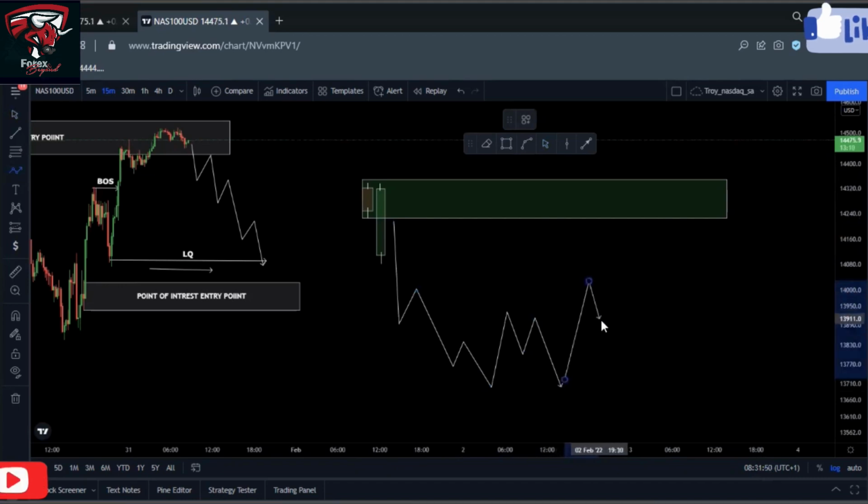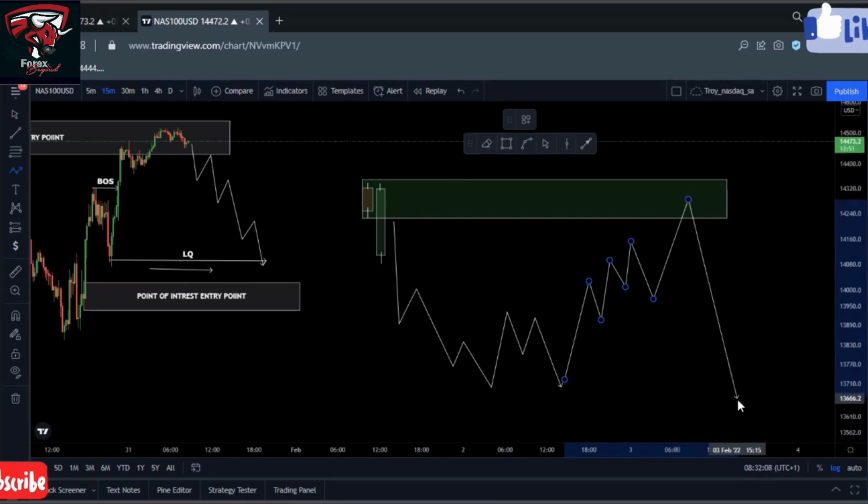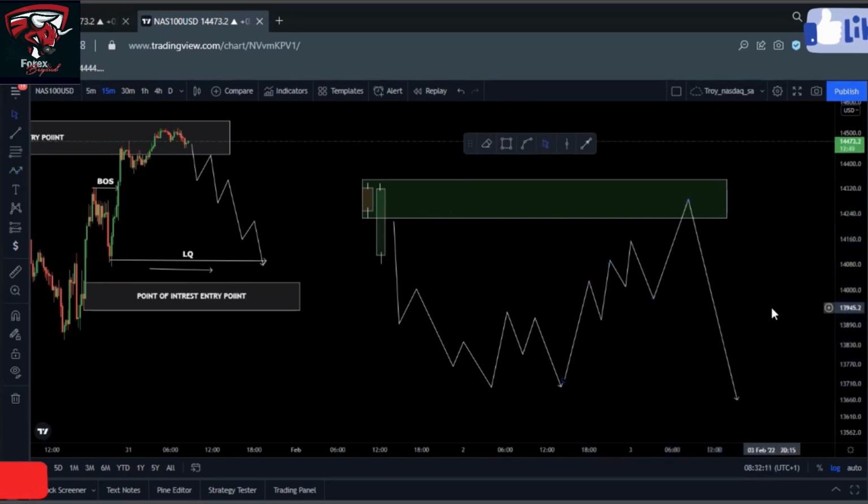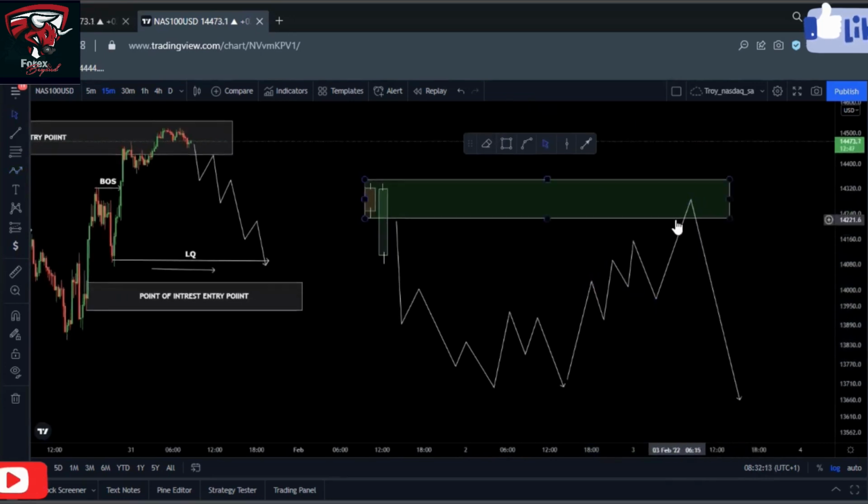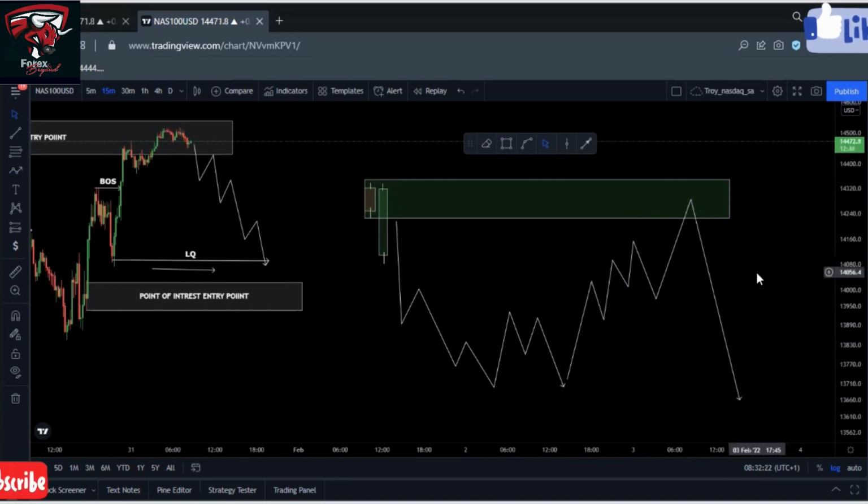Then slowly, when it comes back straight to your point of interest, right here, this is where you're looking to buy it. I mean to say, to sell it. This is where I'm going to enter myself. This is where I'm going to sell it, in this area right here.